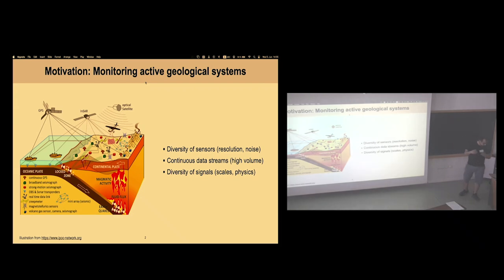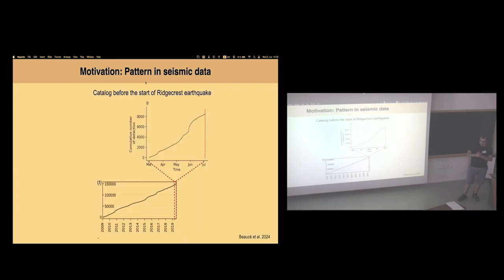So we want to see how we can extract these signals from our data. In my title, it was about patterns in continuous seismic signals. An example of this pattern shows itself in the catalog of the Ridgecrest earthquake.